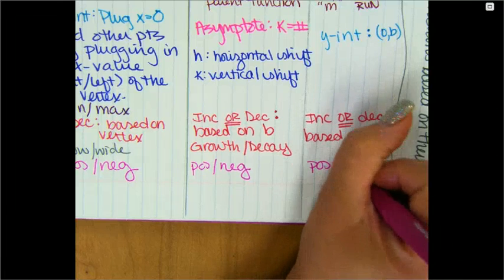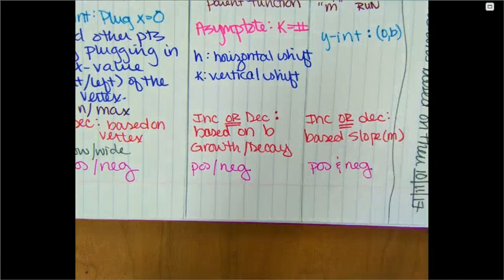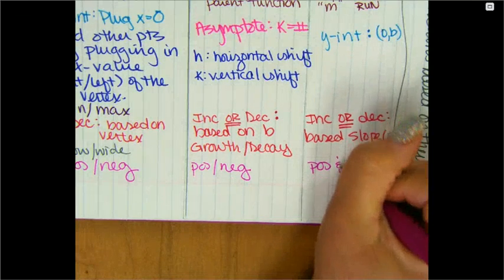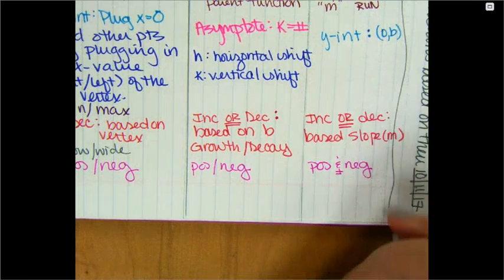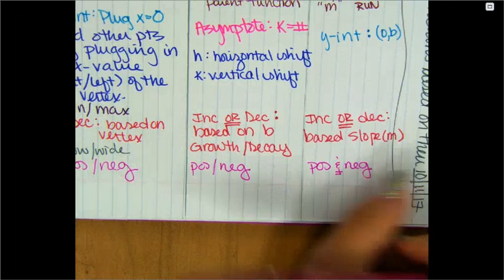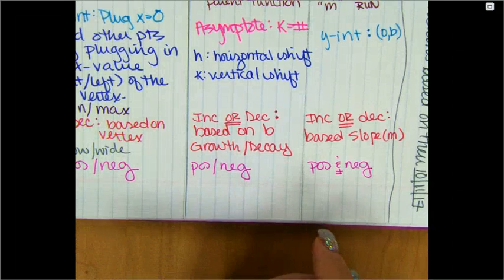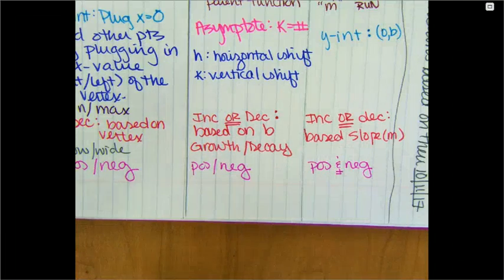This one's always going to have positive and negative, unless we have vertical or horizontal. But we usually don't have horizontal lines, right? Most lines will have both. So it's one of the only ones that would probably have both no matter what. Because with the quadratic and exponential, depending on where they're at, your vertex will determine if you have positive and negative or just one or the other.